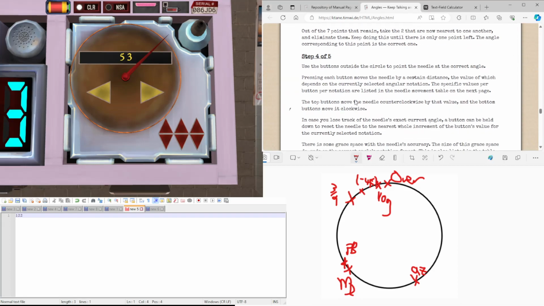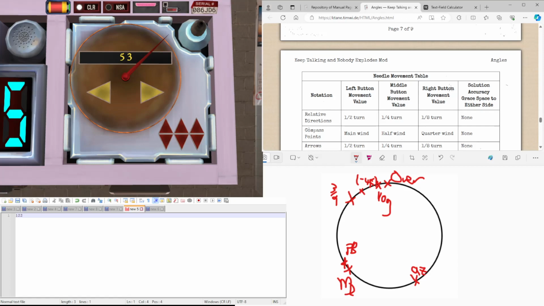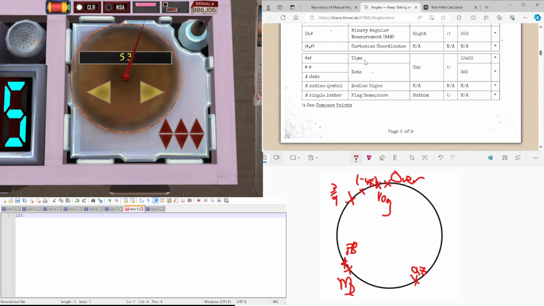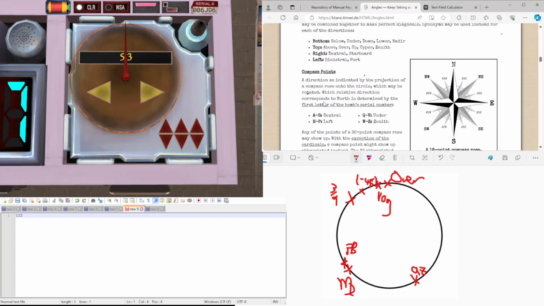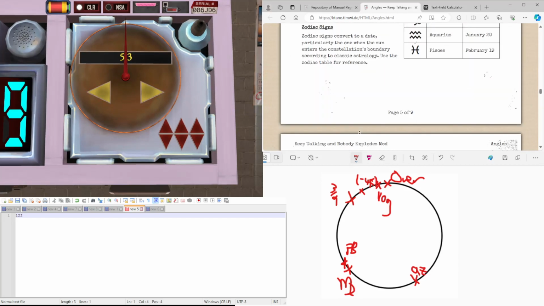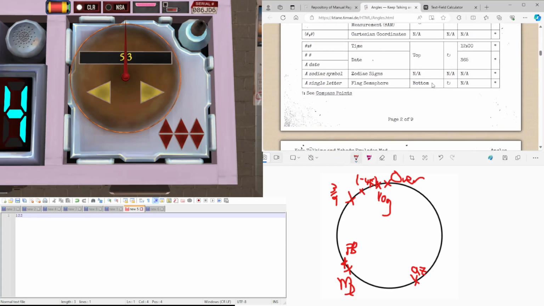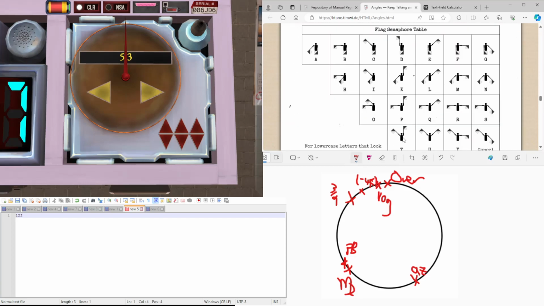So let's get this back to, it starts at the top, right? It starts at the top, so let's try and get it back to the top. There we go. So 5-3, which was 122, going in the clockwise direction.